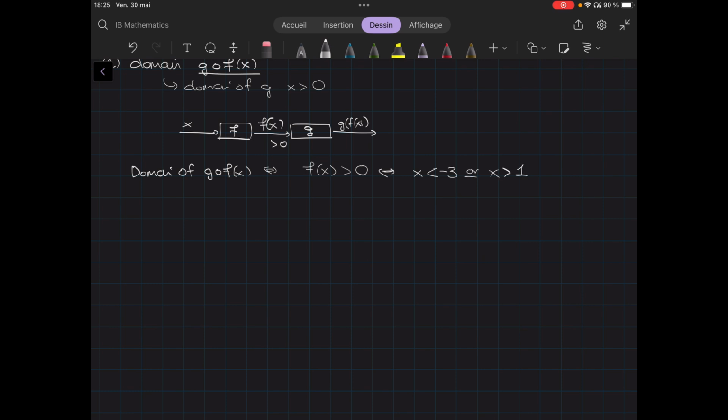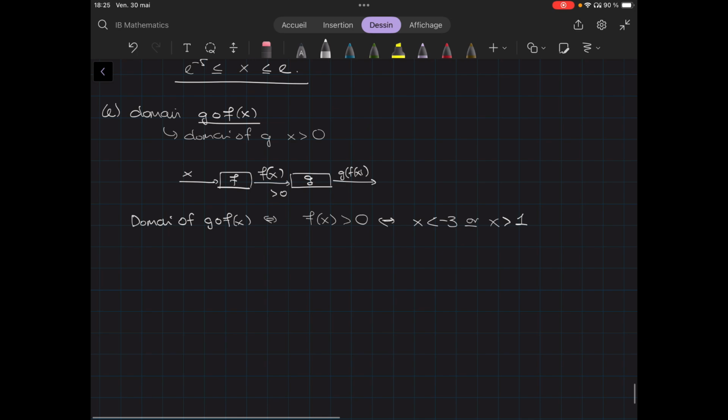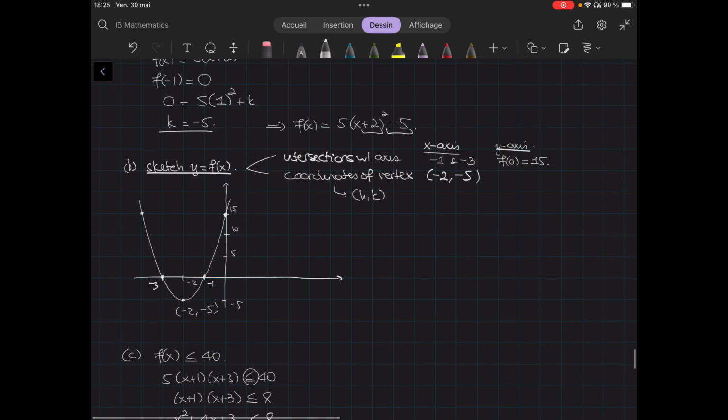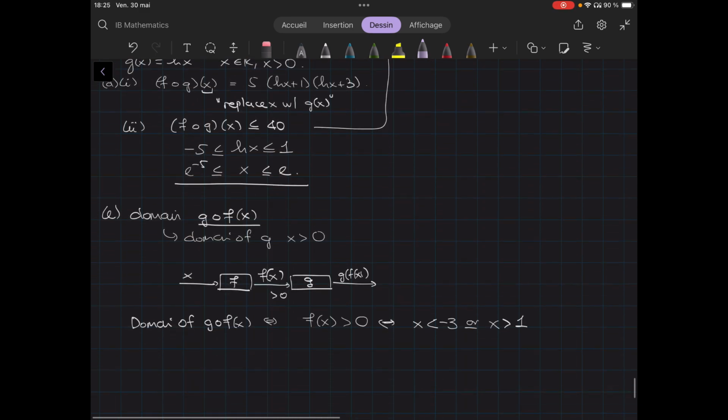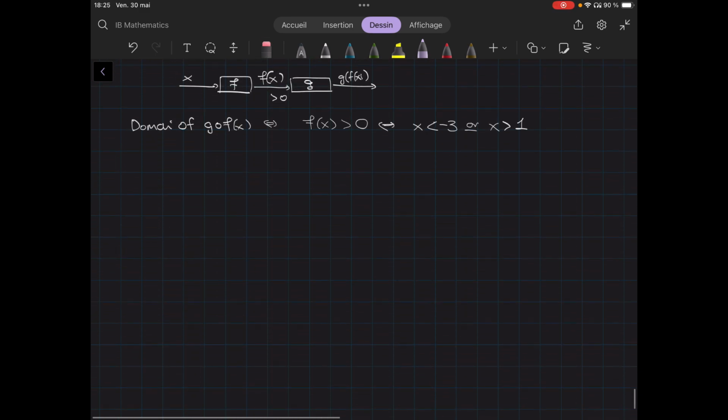How do we know this? We can go back to our sketch in part B. F is indeed positive to the left of -3 or to the right of -1. And that is the end of question 10.